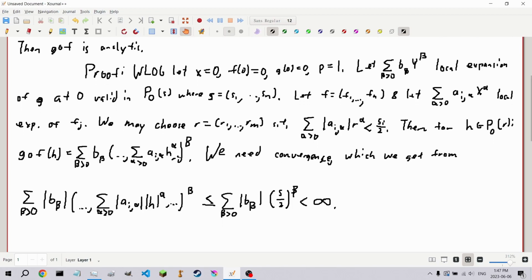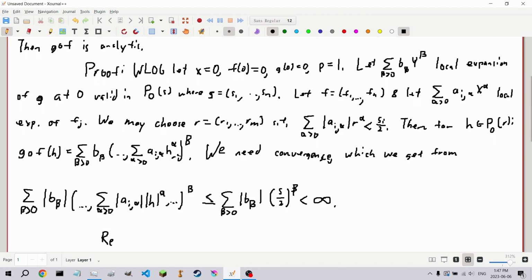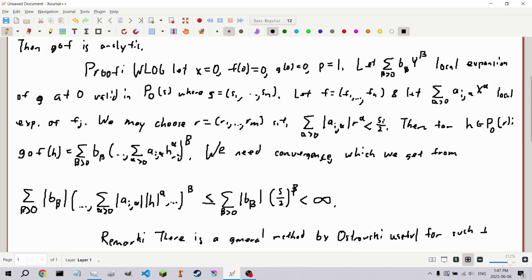Okay, there's a remark here. There is a general method based off of the theorem of Ostrowski, useful for such theorems.